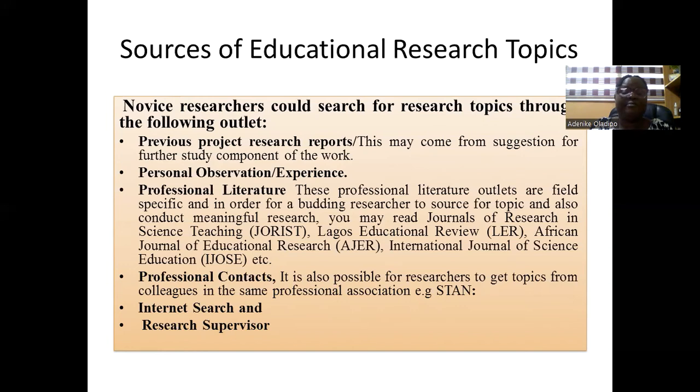Another source of educational research could be your own personal observation. For instance, if you're a teacher and you're seeing a pattern, something happening the same way, the same time, over and over again, and it bothers you. Let's say some students are studying hard and they are not passing.